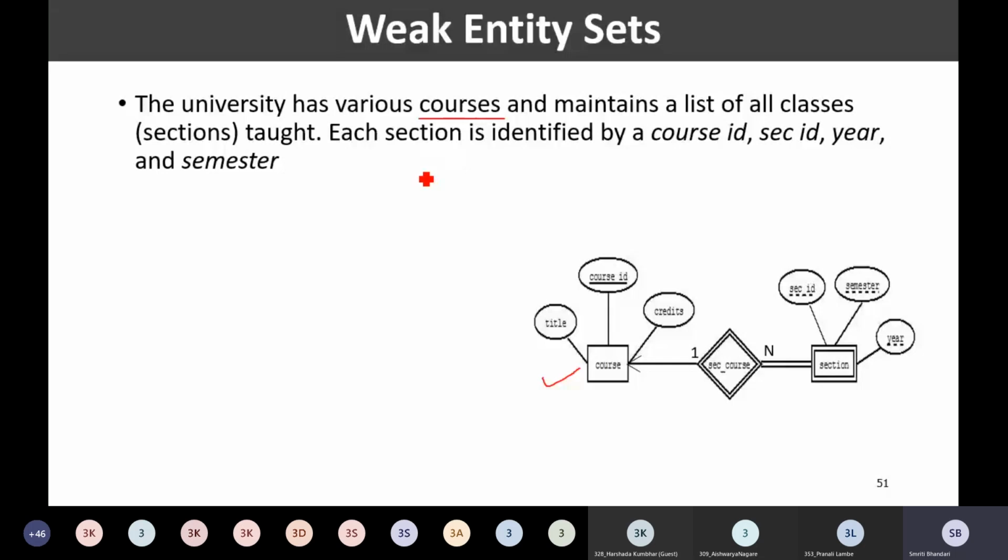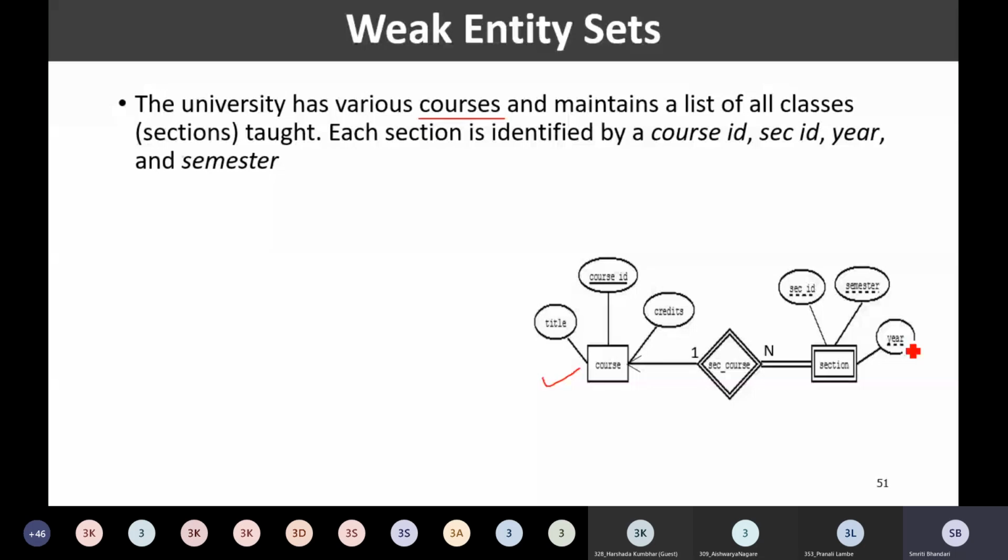It has been mentioned how to identify that section. So this section belongs to a certain course, and we identify this section with these three attributes: section ID, semester and the year when that course section was taught.